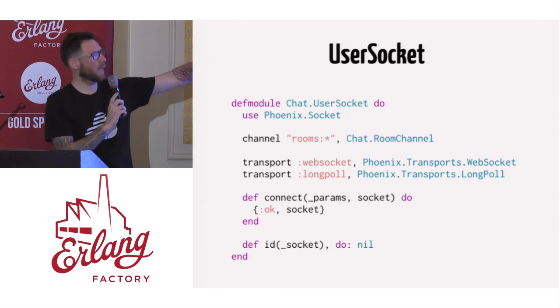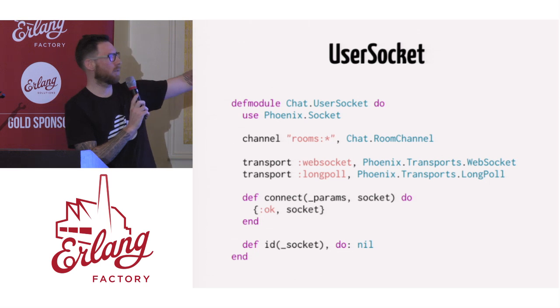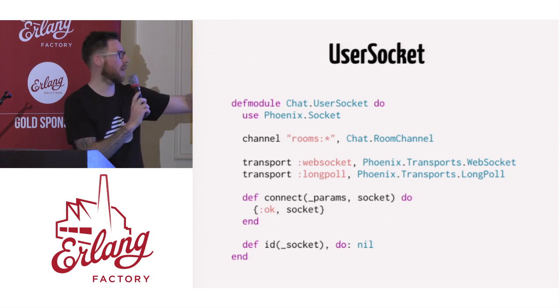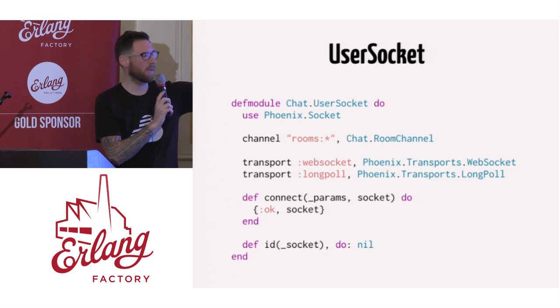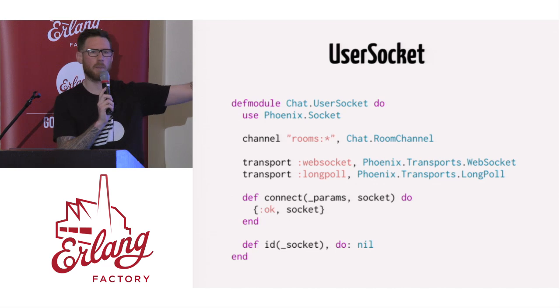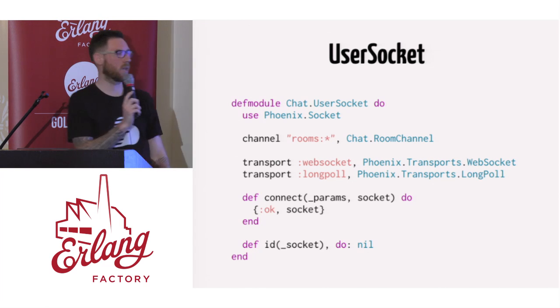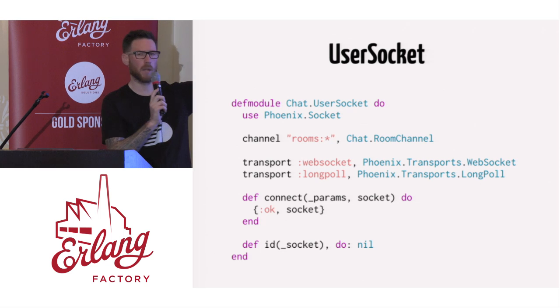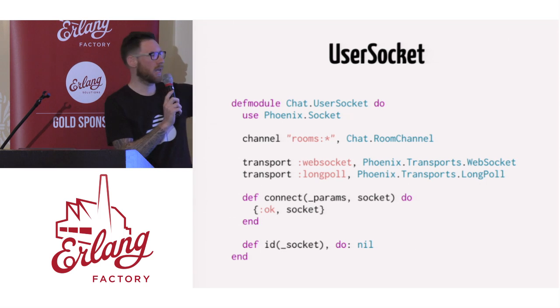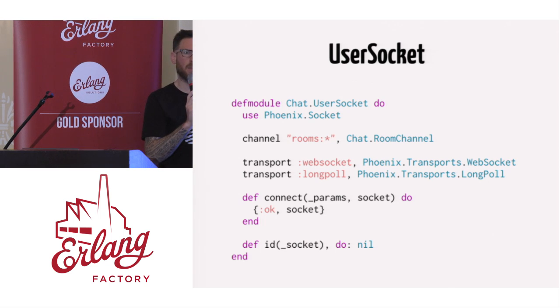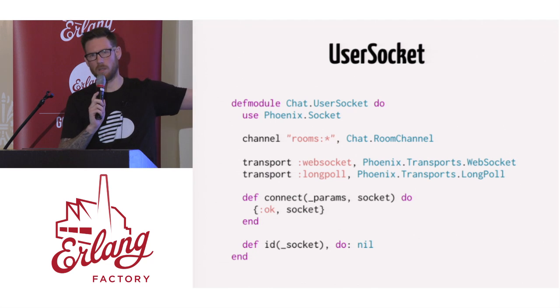And this is kind of similar to the router as well. So you have channel, and then you give it a namespace here. So you have this topic, rooms, and then colon subtopic. And in this case, we have a wildcard with this asterisk, which says, hey, anything that has the topic of rooms, send it to this rooms channel.